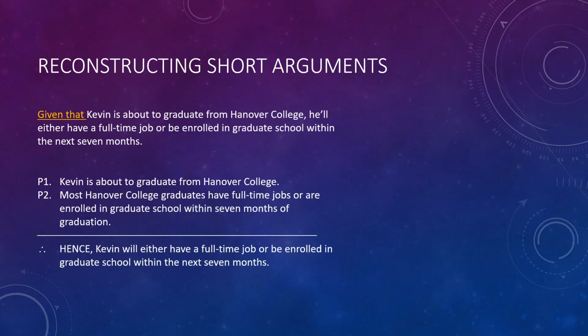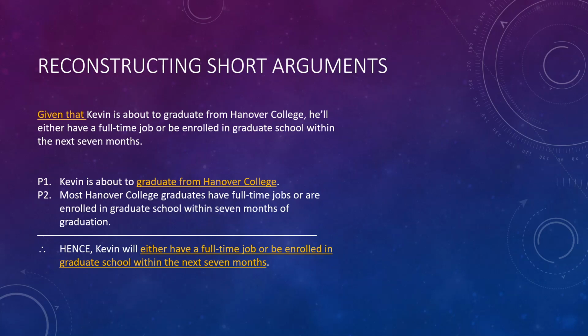It's over 95%. But we can't know that simply by watching this inference. We do know that the person presenting this argument must be assuming something like this premise, though. Most Hanover College graduates have full-time jobs or are enrolled in graduate school within 7 months of graduation.